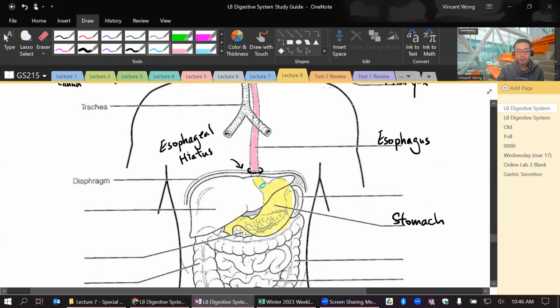You may remember there is the cardiac sphincter up here, and then the pyloric sphincter down here. If the cardiac sphincter does not do its job properly, then you have heartburn. And the pyloric sphincter will control how much chyme goes forward.